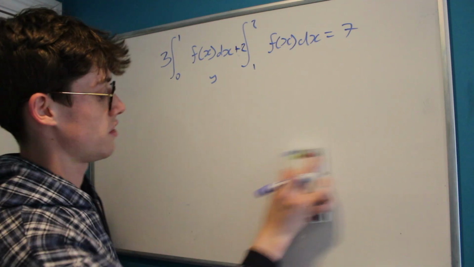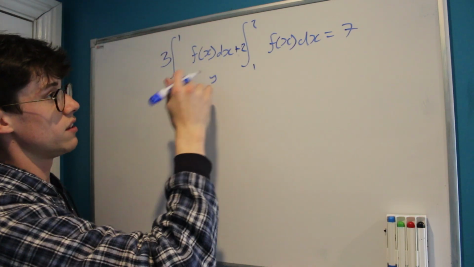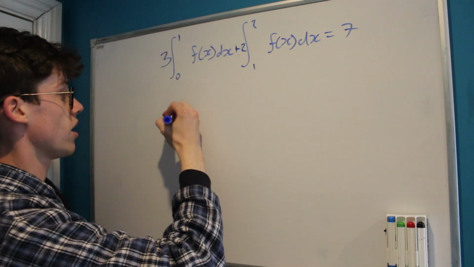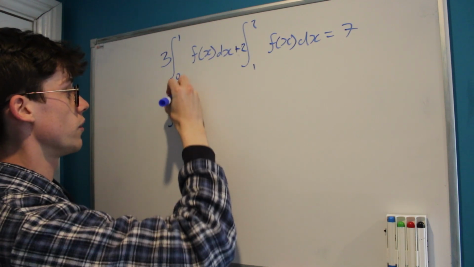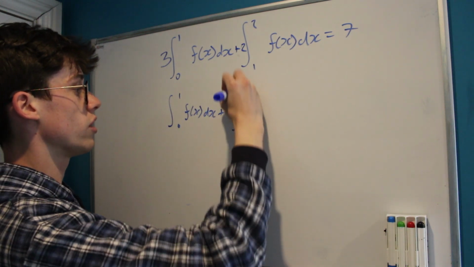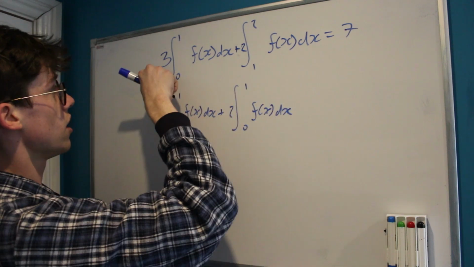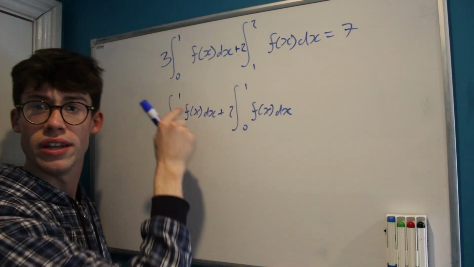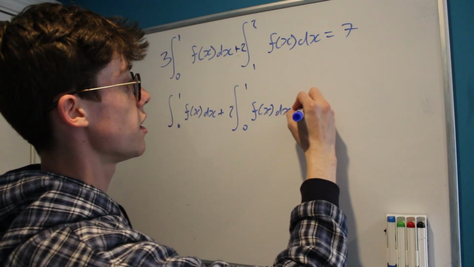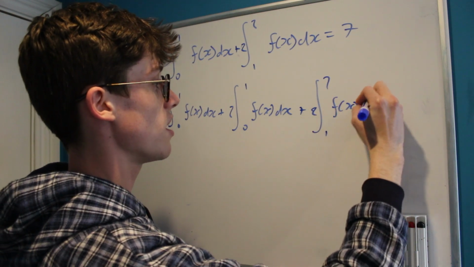So that means that if I were to rewrite my expression here as the integral from 0 to 1 of f of x dx plus 2 times the integral from 0 to 1 of f of x dx. So here I've split my 3 into a 1 and a 2, and you'll see why in a minute, plus 2 times the integral from 1 to 2 of f of x dx.